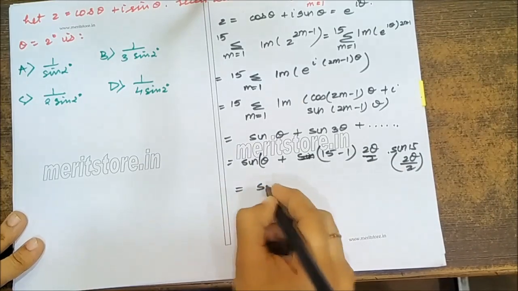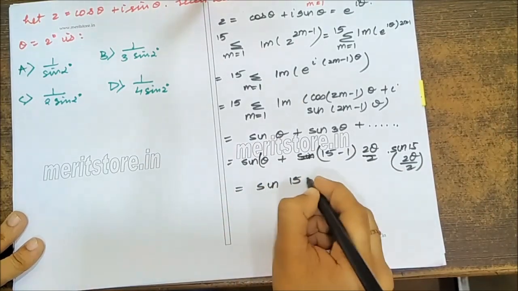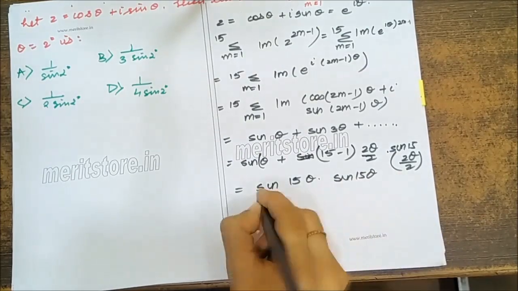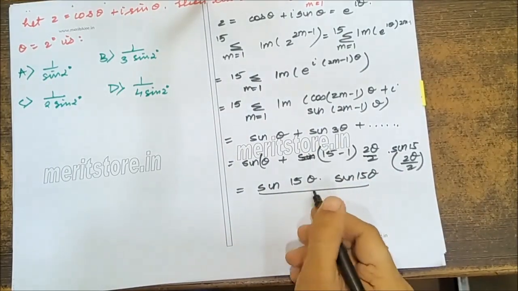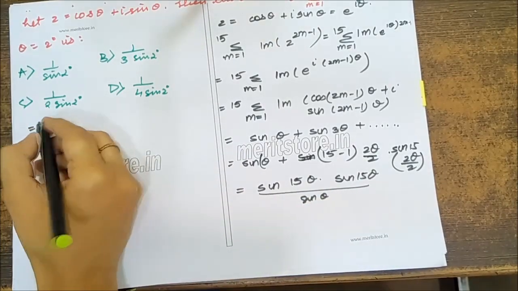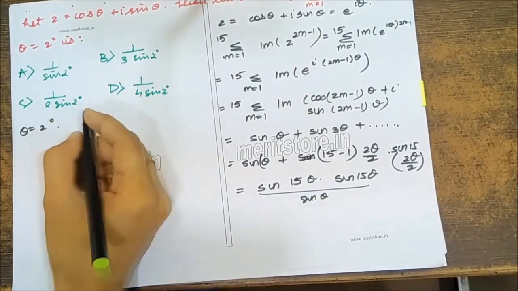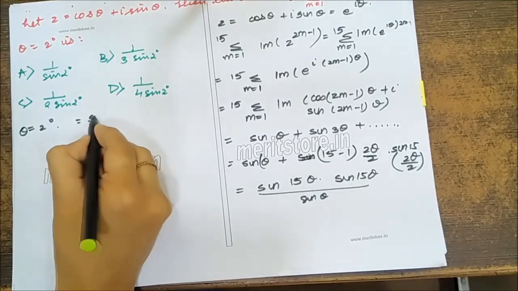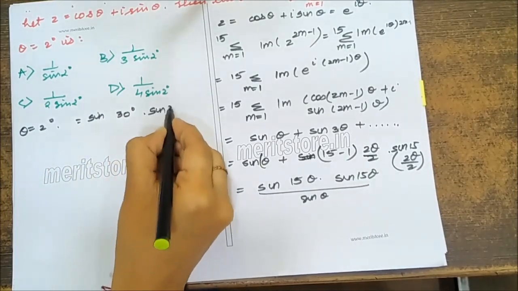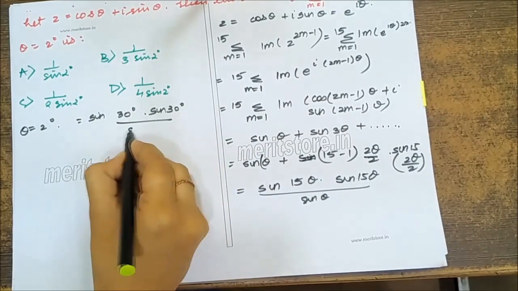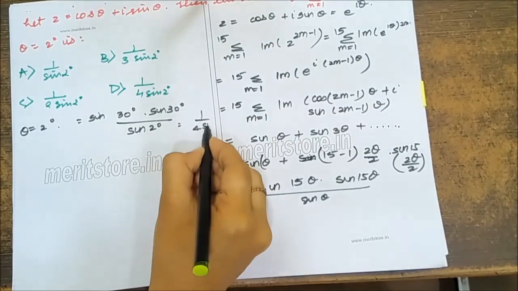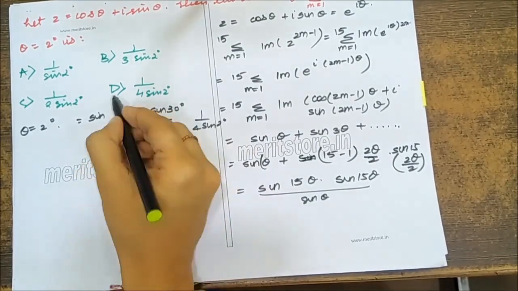So that is sin 15 theta upon sin theta. So theta is equal to 2 degrees, sin 30 upon sin 2 theta, that is equal to 1 upon 4 sin 2 theta. The answer is D.